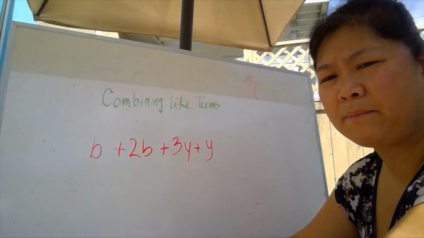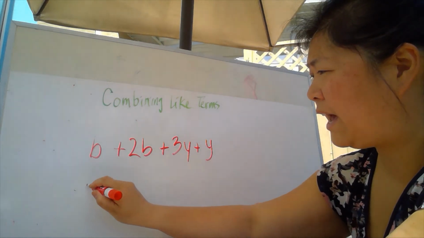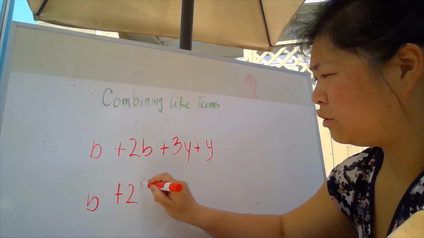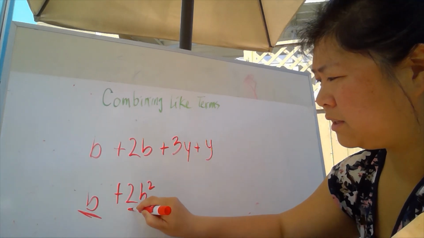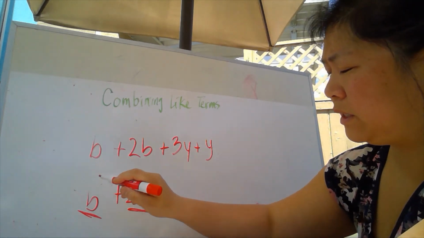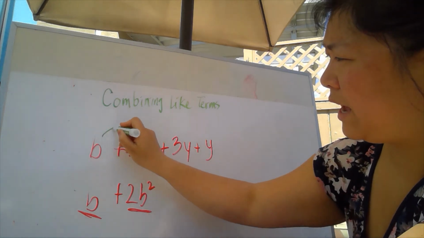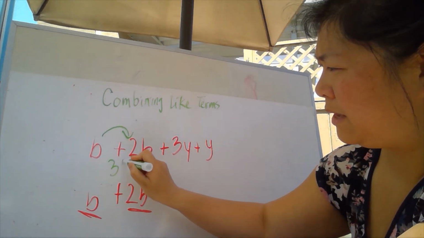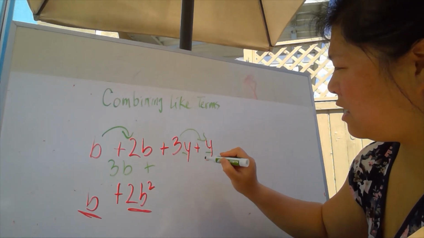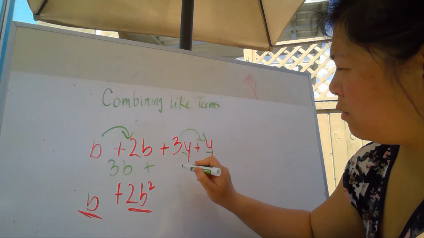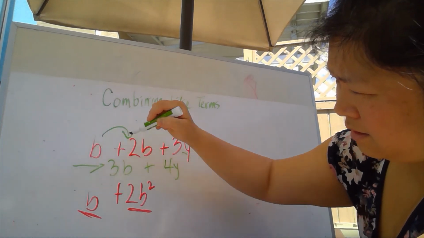You simplify them by adding them together if they're similar terms. So if I had b plus 2b squared, they're not similar terms. This b is not the same as this. So how I would simplify the one above is you would add these together, so it'd be 3b plus, add that together because they're the same, one letter, 3y plus 1y is 4y. So that's how you simplify this right here.